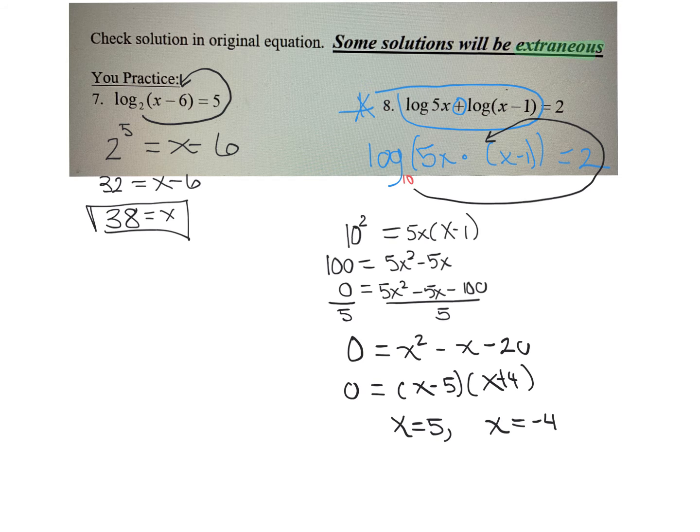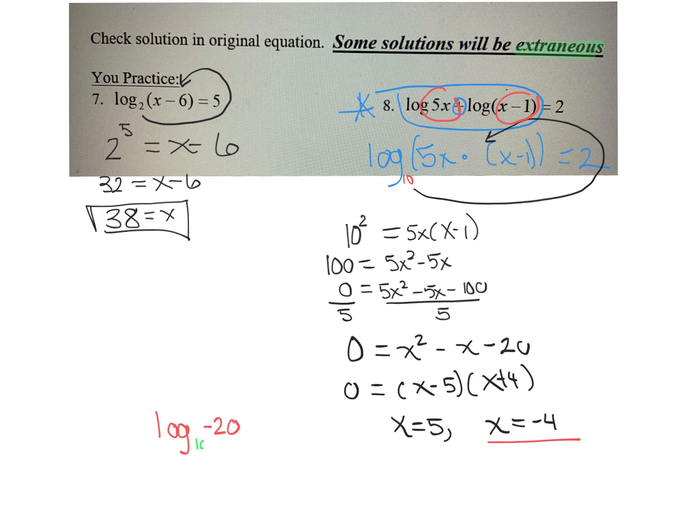Now, there's some verbiage we didn't talk about. Our answers might be extraneous. It is a good practice to always take your answers and plug them back in, but in particular with logarithms. Here's why. If you take this and plug it back in right here, or even right here, we have a problem. So here's what that says. That piece would say log, when I plug the negative 4 in, 4 times 5 is negative 20. I would have log of negative 20. Now let's think about this for a second.